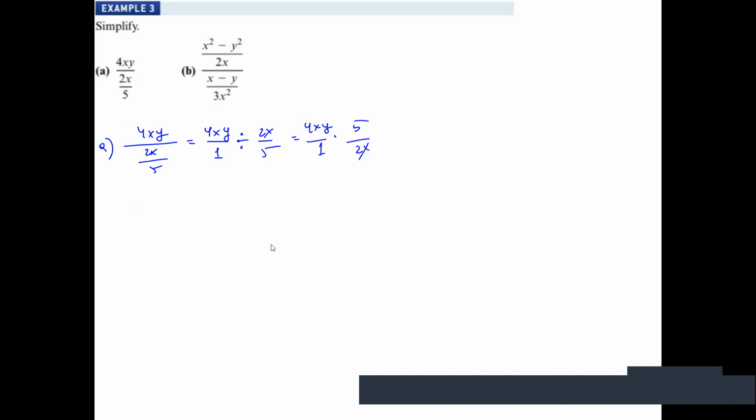Any questions about the manipulations I just did? When you have enough experience with that, you're gonna take this and jump right away to your numerator, because 2x stays in the denominator anyways.